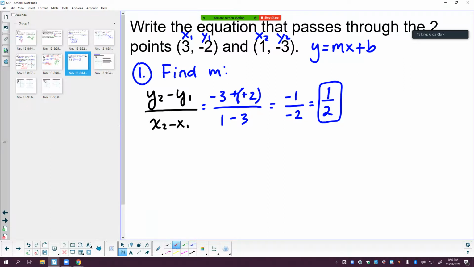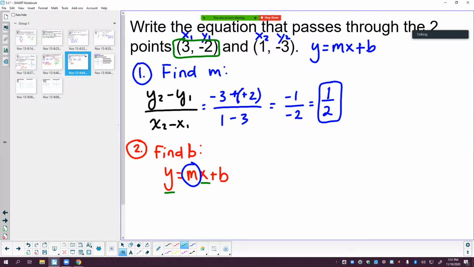Now, the second part of this is finding b. So use our equation, y equals mx plus b. m is going to be what we just found for the slope, so this 1/2 right here. x and y come from one of our ordered pairs. I always just pick the first one.